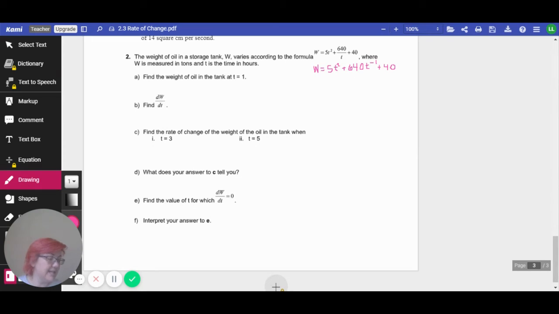I get 685 tons. So that's W of 1 equals 685 tons.